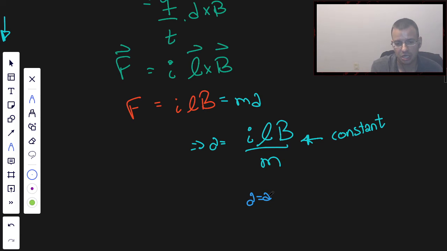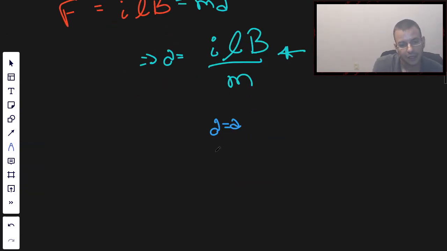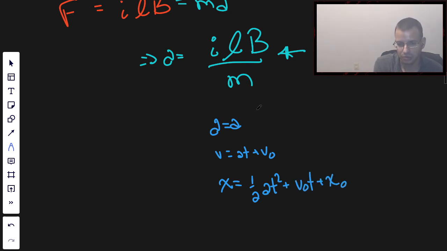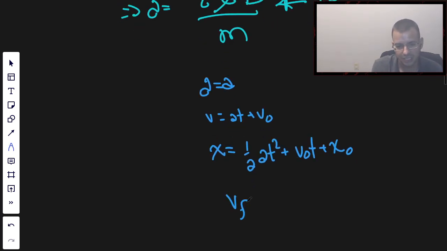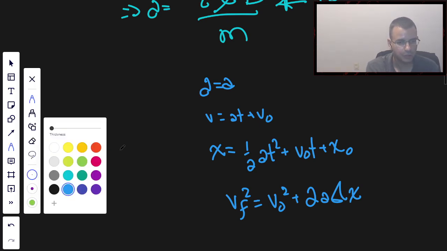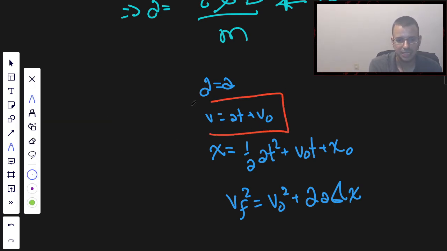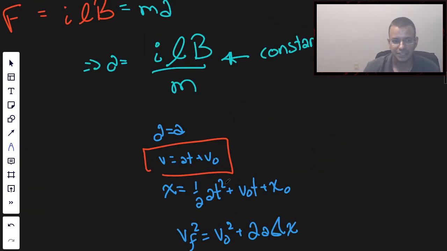Kinematic equations are a equals a, v equals at plus v naught, and, just for completion, x equals one half a t squared plus v naught t plus x naught. This is just integrating the constant acceleration. Another equation is v final squared equals v initial squared plus 2a delta x. That's not really a new equation, it's just a combination of the other two. But we don't have to go through all that because it asks us for the speed, so we're just going to use this equation.